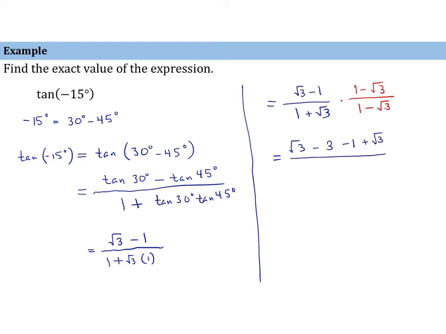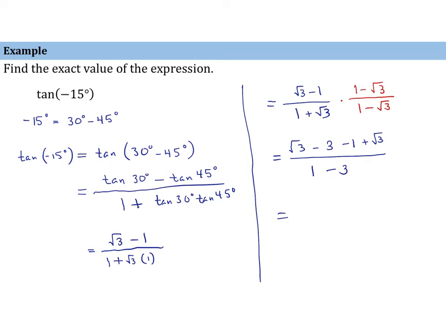The denominator, because we're multiplying a number by its conjugate, will act like a difference of squares. So we will have 1 minus 3. You could FOIL that out and see that if you're not so clear on that.